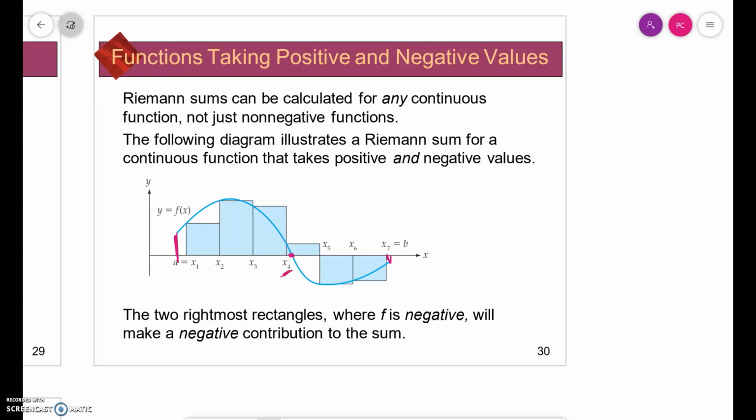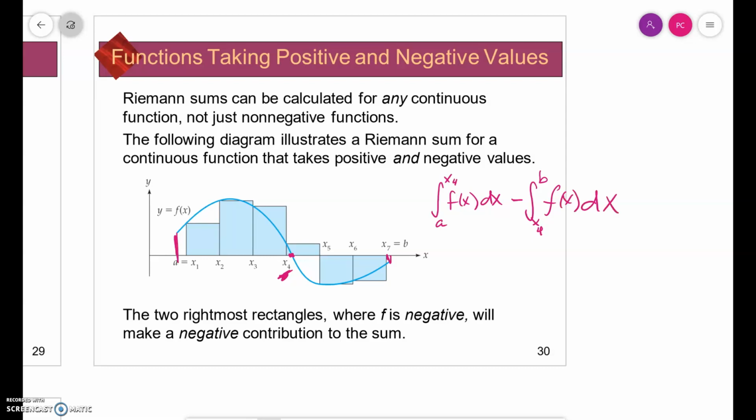And what we would end up doing is finding the integral of the function from a to x sub 4, whatever this middle value is, and then subtracting off the negative part of the function. So we'd find the integral again, starting at that x sub 4 value, whatever that value is, and going to b of the function.